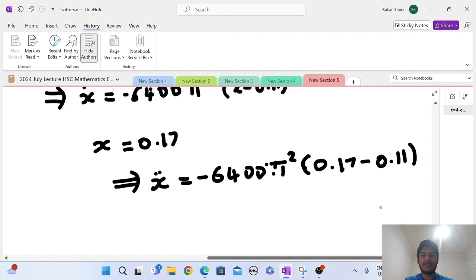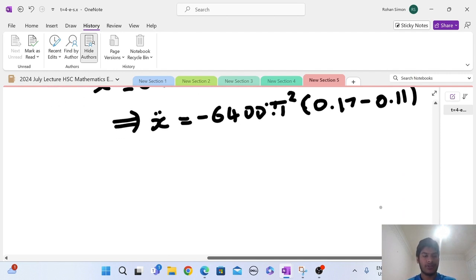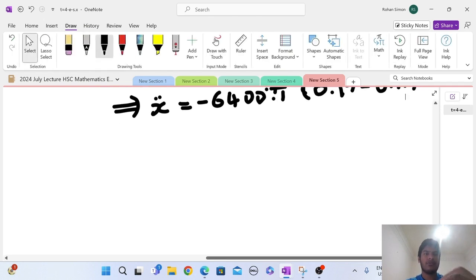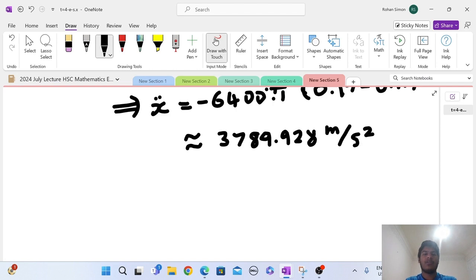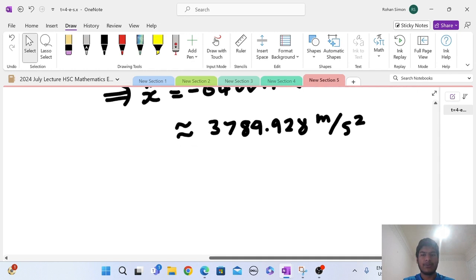And what does that give us? So 6,400 times pi squared times 0.17 minus 0.11 gives us 3789.928 meters per second squared. Again, the units for acceleration, if we're dealing in SI units, is going to be meters per second squared.